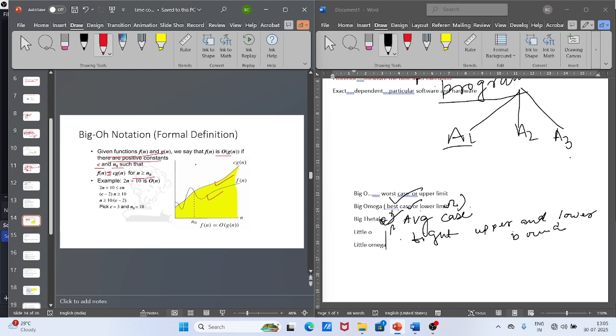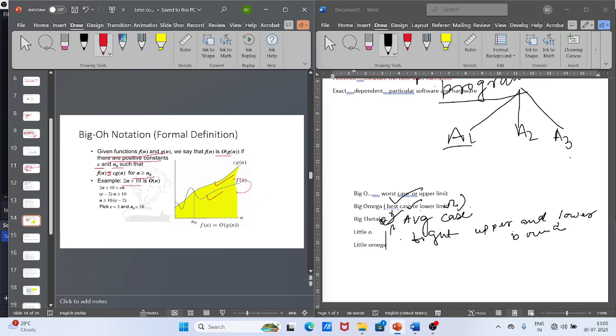Okay, so now take one example. If an algorithm has time complexity order of n square, you give it 1000 inputs. It might take roughly 1 lakh steps in the worst case. So this is useful because we always want to prepare for the slowest possible solution. Here there is one example: 2n plus 10.